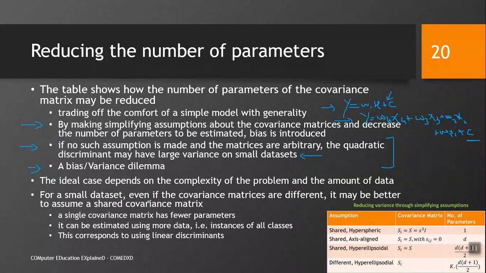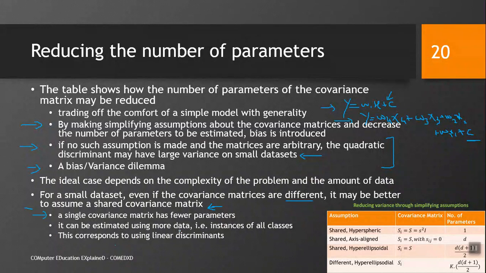For a small data set, even if the covariance matrices are different, it may be better to assume a shared covariance matrix, right, that the covariance of all the variables is a shared one. A single covariance matrix has fewer parameters, as we have seen in the previous slide.